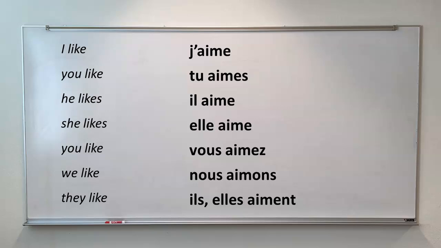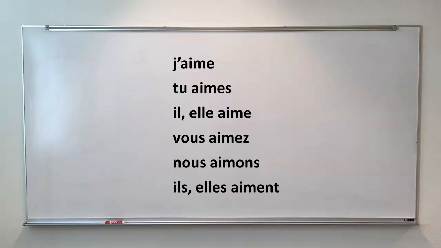It's extremely useful. But what I'd like to show you is how you can use infinitives with certain verbs, and one of them happens to be aimer. So the verb aimer is a doubly useful verb because you could use it by itself to say things, for example, like I like cats, j'aime les chats.